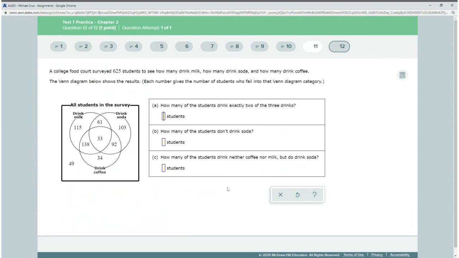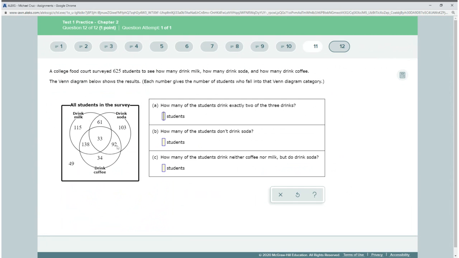Exactly 2. All right, these people right here in the middle drink all 3. These people right here drink milk and soda. Exactly 2. These people, the 138, drink the milk and coffee only. And then these people drink soda and coffee.